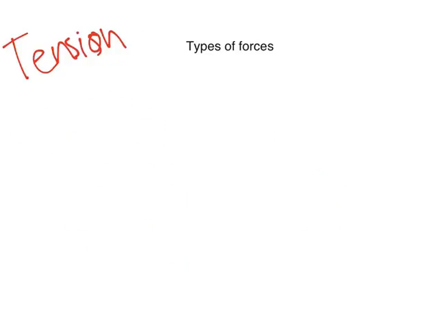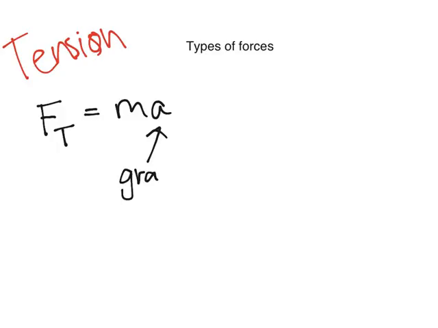Alright, and we got tension. Tension is also kind of based on, and it's labeled as Ft, the mass times the acceleration. Often the acceleration is from gravity, right? Because it's a string holding up, equal and opposite to gravity. For example, if you have a box that is hanging from some rope attached to the ceiling.